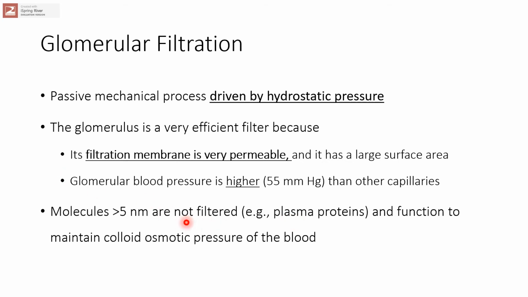So the concentration of proteins functions in maintaining the colloidal osmotic pressure of the blood that determines the glomerular filtration rate eventually. Okay, so glomerular filtration rate is of a lot of clinical interest because it tells us how well our kidneys are functioning.